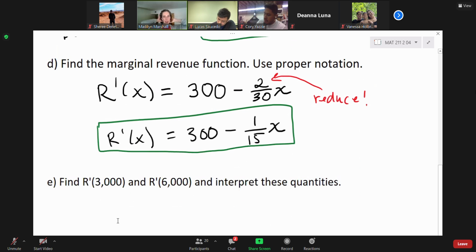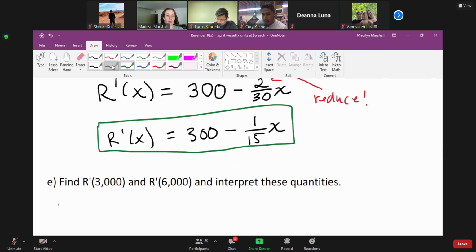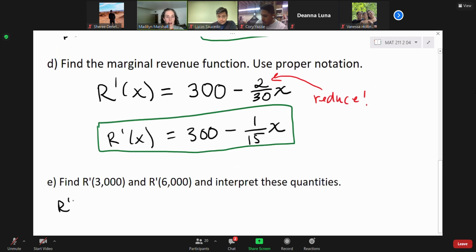And we have our next part is to find r prime of 3,000 and r prime of 6,000 and interpret these quantities. So this is just a matter of plugging in these values.